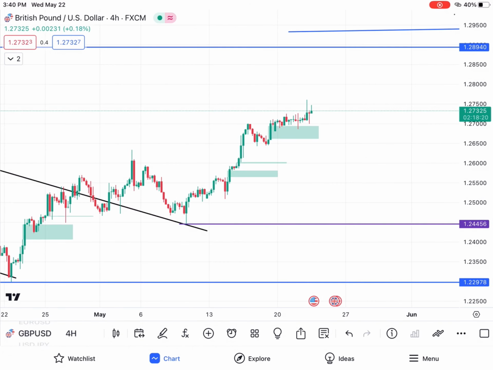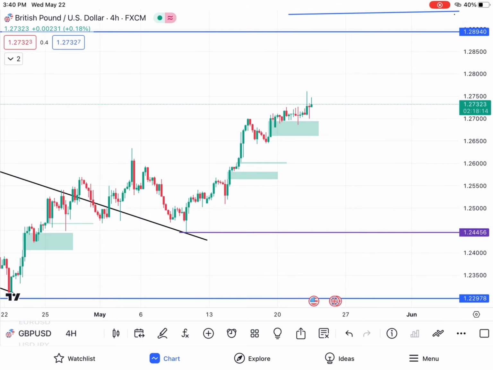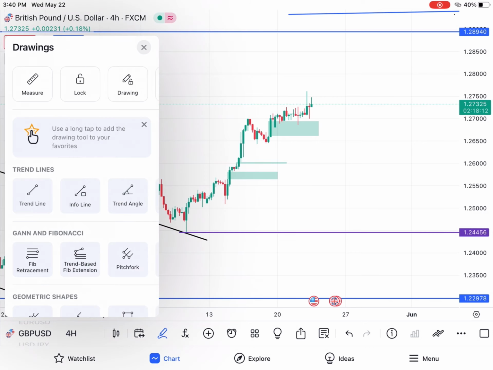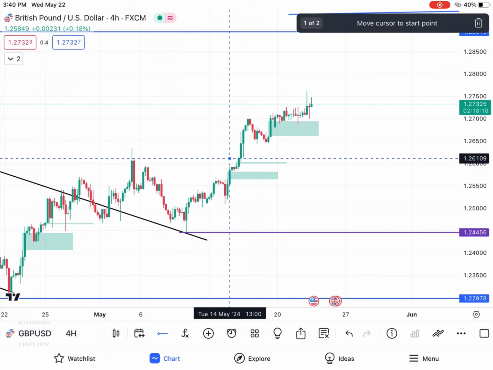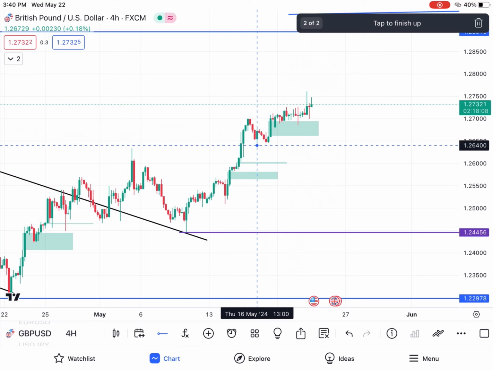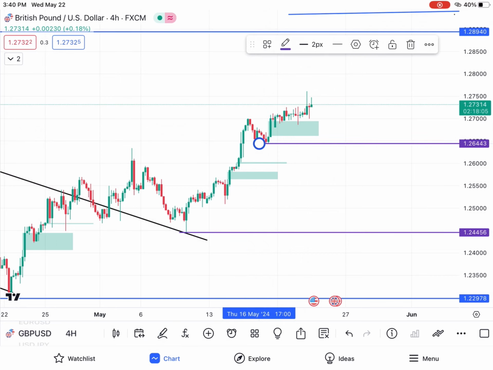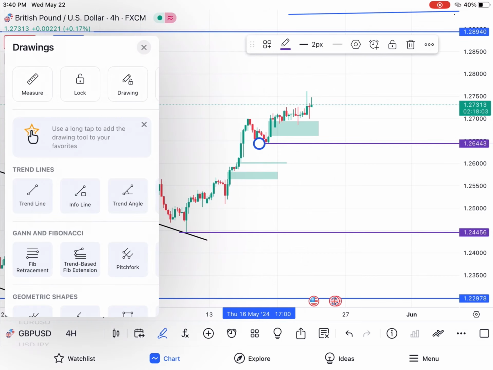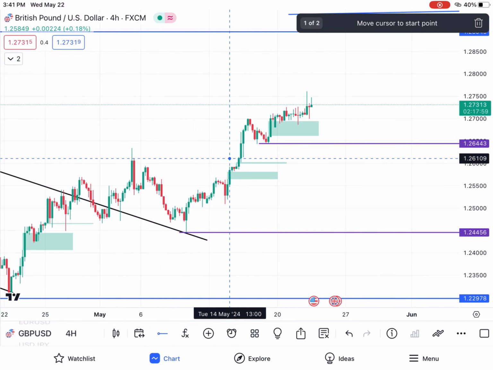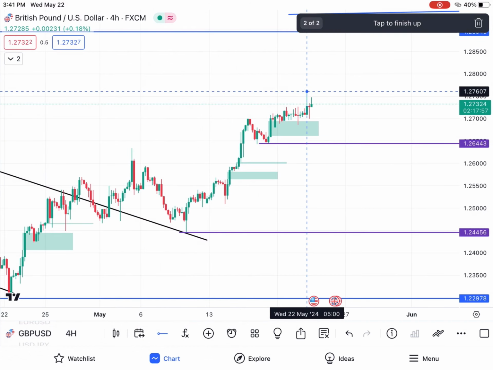On the 4 hour time frame, you can notice that the market is pushing to the upside. We want to mark out the same way we marked on the daily time frame. This is the recent swing low, which is going to serve as our support, then the high, which is going to be our resistance right here.